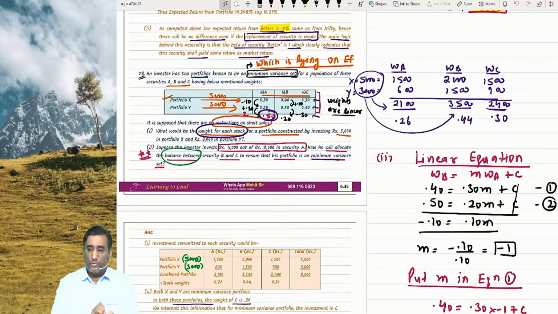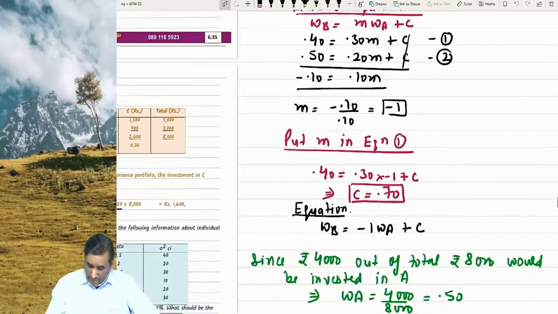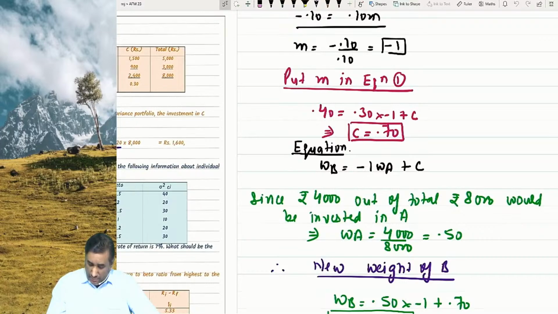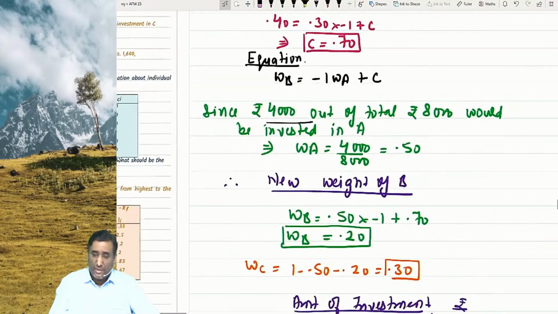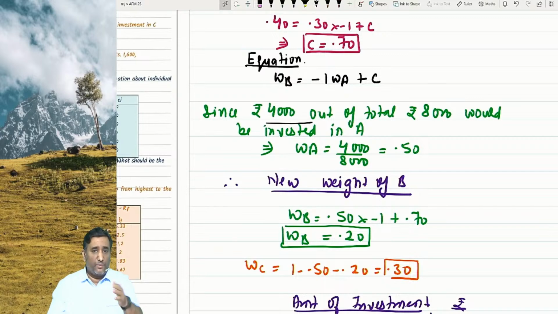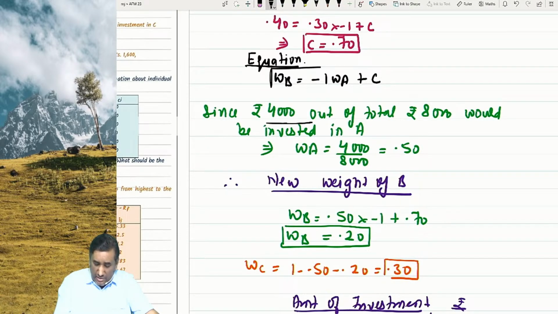First part we tallied from the book itself, basically 5,000 into this. Second part, we created this equation. Now, since 4,000 out of this, I gave you the normal way, 0.5, but how did I decide 0.5? You got the same equation, no?